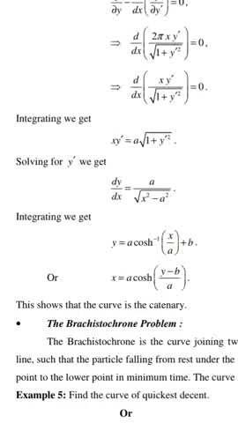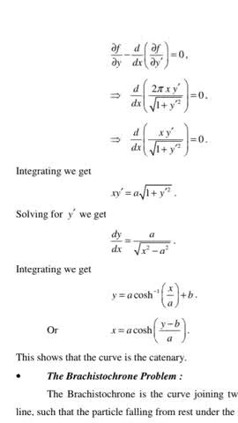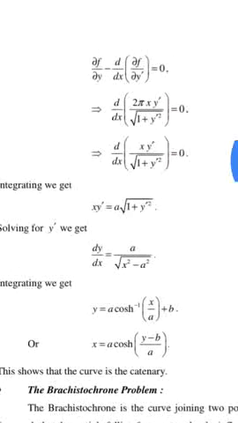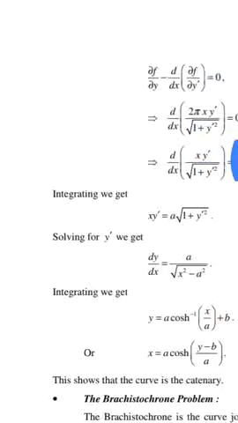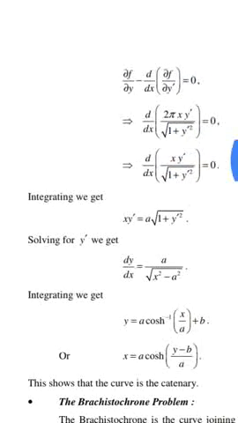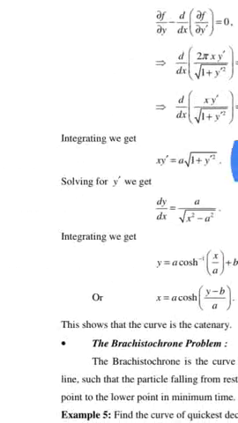Therefore, d by dx of 2 pi x y dash divided by square root of 1 plus y dash square is equal to 0. That is, d by dx of x y dash divided by square root of 1 plus y dash square is equal to 0. And so on, x y dash is equal to a square root of 1 plus y dash square.